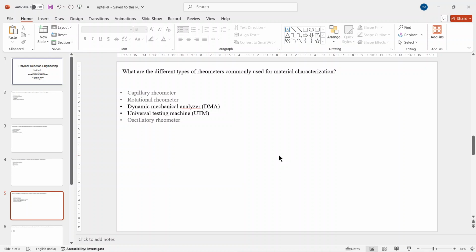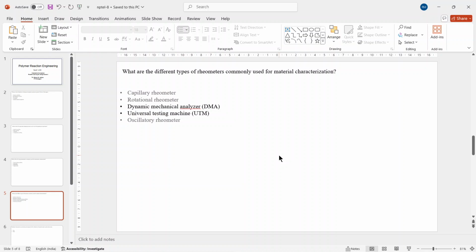We already know the relationship that tau is equal to eta du by dy. With du by dy, that is the shear rate, and tau, the resultant shear stress, we can clearly observe the viscosity change with respect to increasing shear rates. So that can be done by the rotational rheometer.